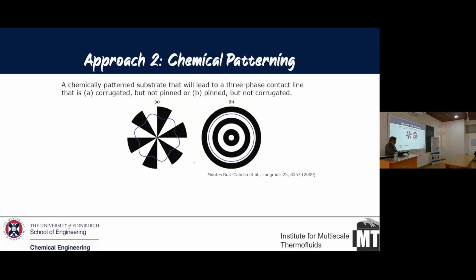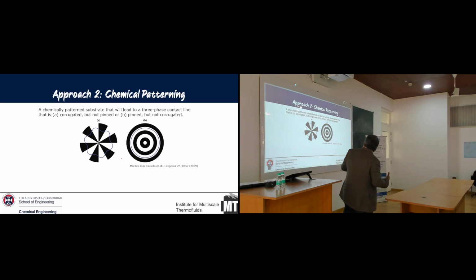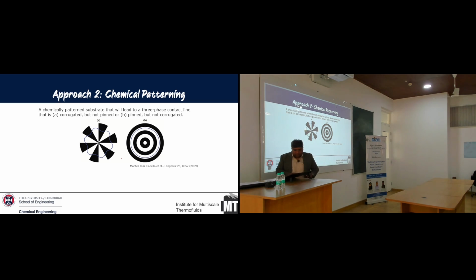This is obviously a very common way. You can also have chemical patterning. Depending upon the shape and the size of the pattern, the nature of wettability will change. In this case it's a corrugated substrate, but here it's more of a concentric kind of arrangement.